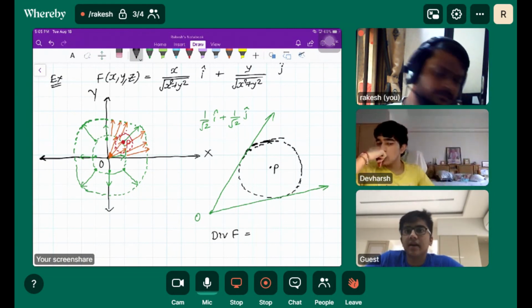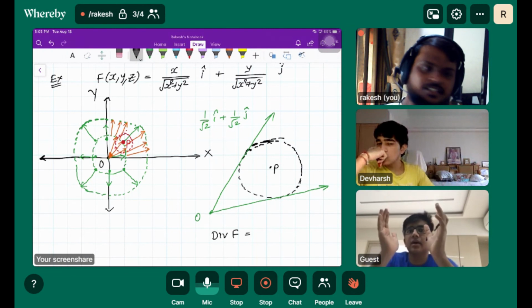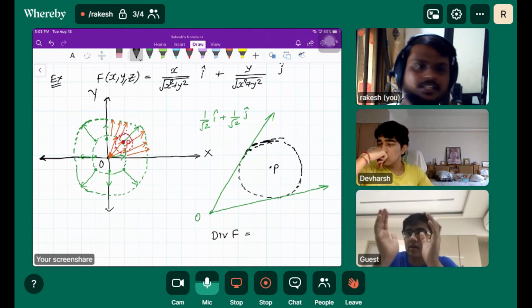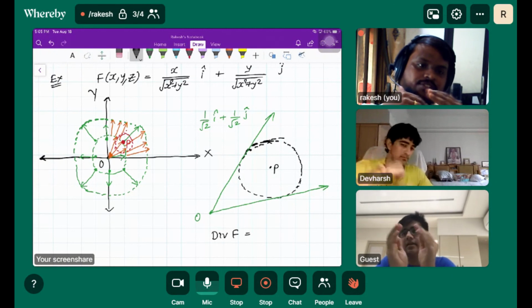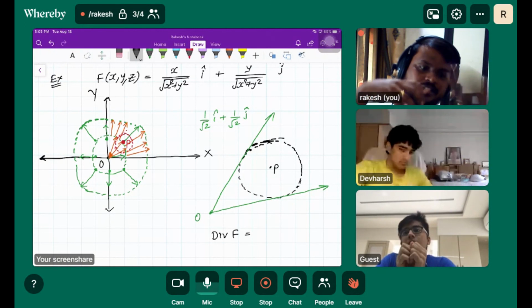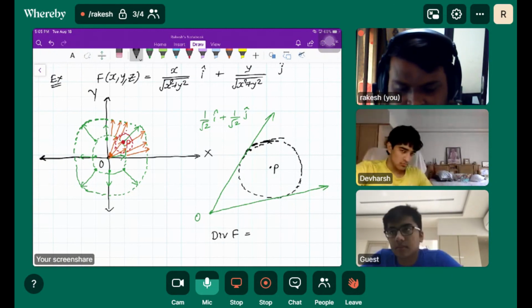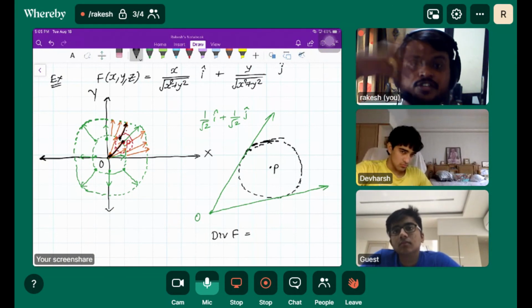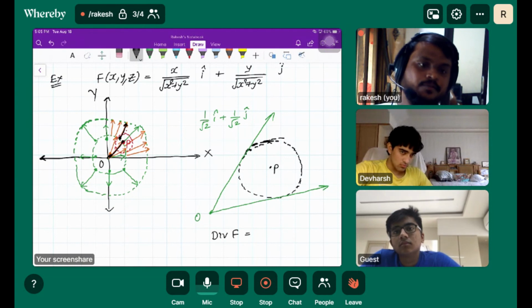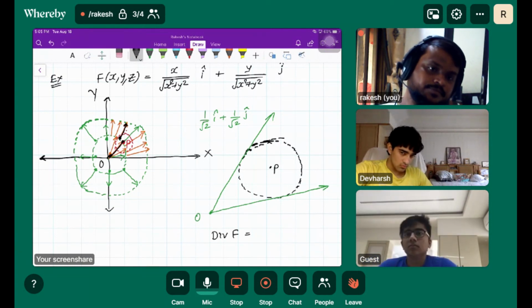What enters has to leave, right? No, it's not like that. Each vector field is separate, right? This vector starts here, it ends here. This one starts here and here. It depends on the area, whose area is bigger.